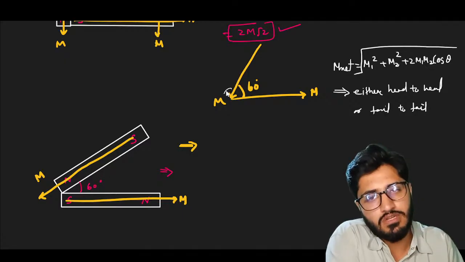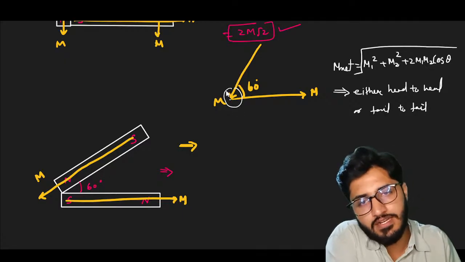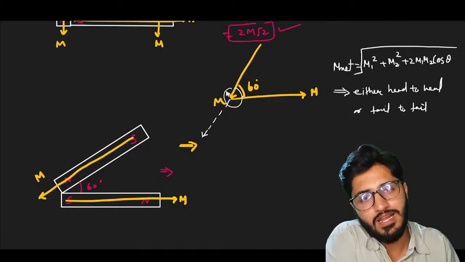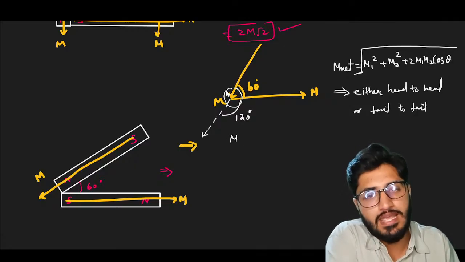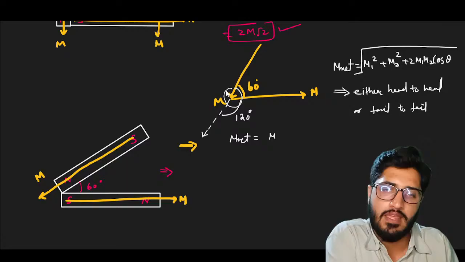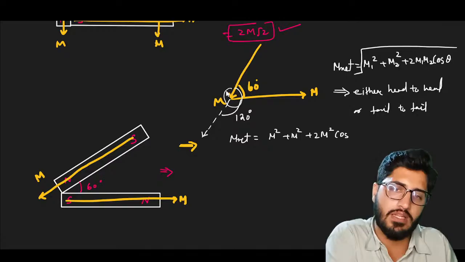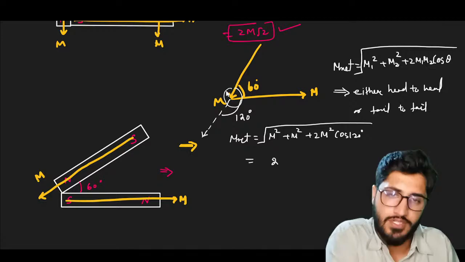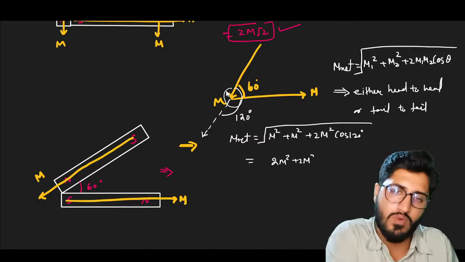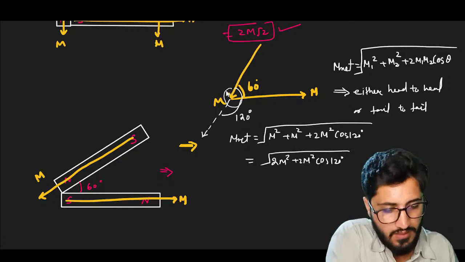It is tail to head now. So I will take it like this, 60, so this will become 120. So theta is 120. So my M net came out to be M square plus M square plus 2 times M square cos 120 degree. Done, beta.